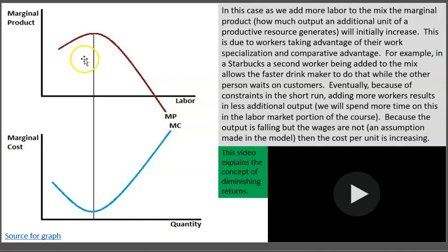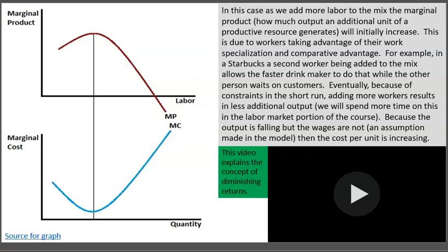Okay. And because of this phenomenon of marginal productivity declining, your marginal costs will eventually start to rise because you're getting less output for the same amount of input cost. And so your costs increase.